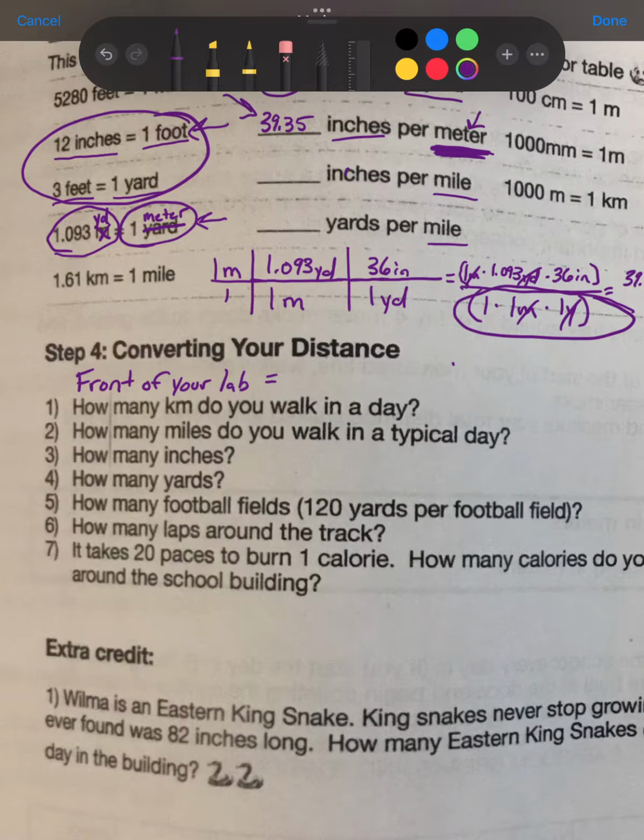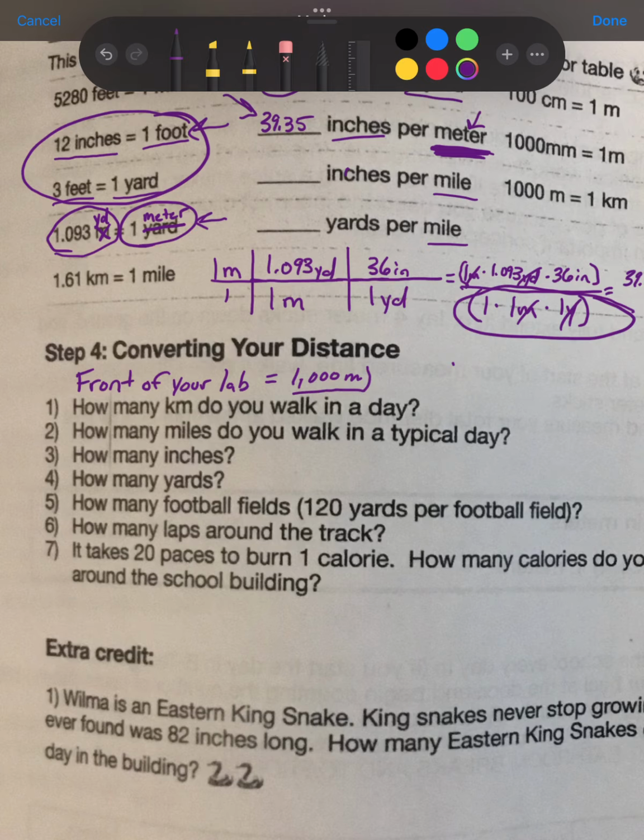So on the front of this worksheet, let's say in a day I walk 1,000 meters. I'm doing this because it makes it easy. I counted up all of my steps between all of my classes, and I converted my steps over to inches, and then I figured out what the distance was between each of my classes, and I added all that up, and then boom, now I have this.